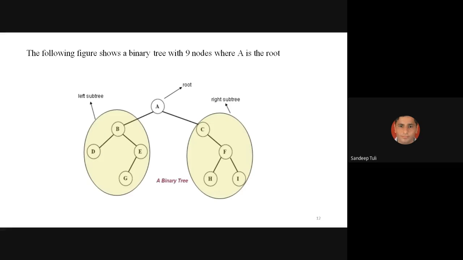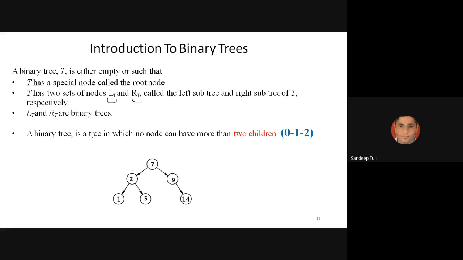B, E, G is a left subtree. Similarly, C, F, H, I is a right subtree. Again, in that B is a root, and this one is the left subtree and this one is the right subtree. Again, in that this is a root, and this one is its right subtree. So there is no left subtree in that case. It may also be possible.